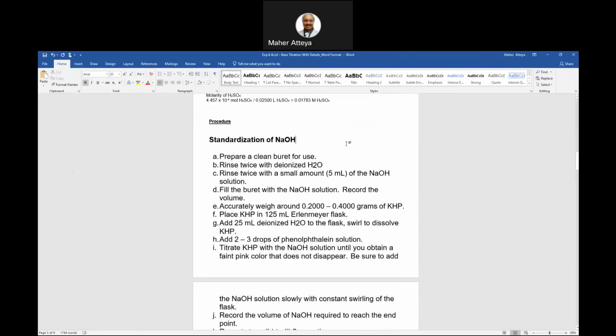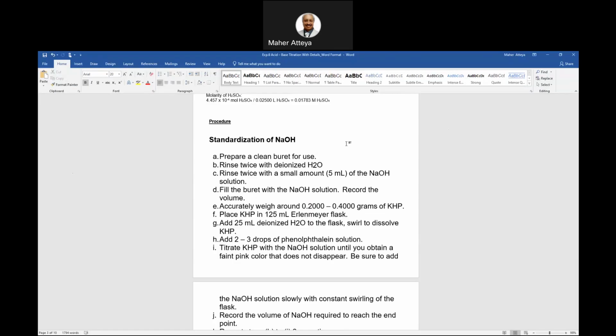What you have to do: first, you clean up your burette, and you set up your stand and the burette holder as they are, and then you need an Erlenmeyer flask, correct? And you fill the burette up to the 0 level with sodium hydroxide. Sodium hydroxide inside the burette, correct? Then you have to weigh.